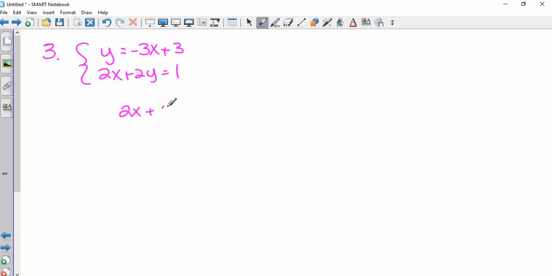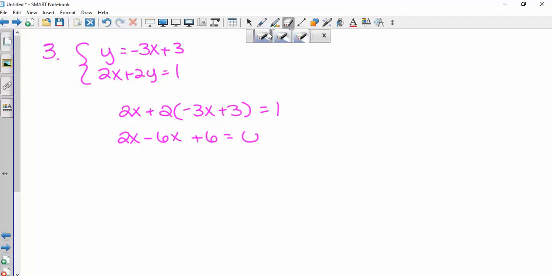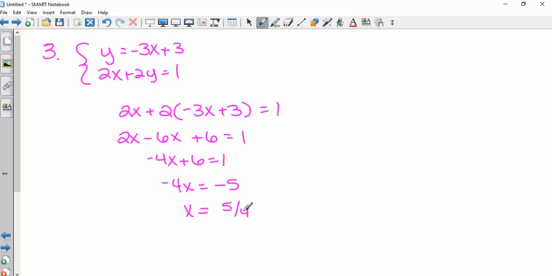So if I plug that in, we have 2x plus 2 times the negative 3x plus 3. So negative 4x plus 6 equals 1. Subtract your 6. Divide by negative 4, so x is 5 over 4.